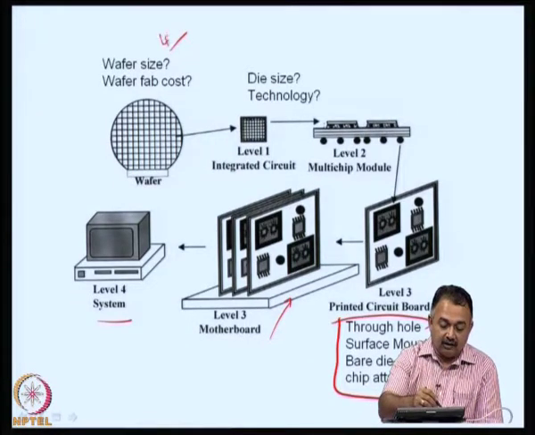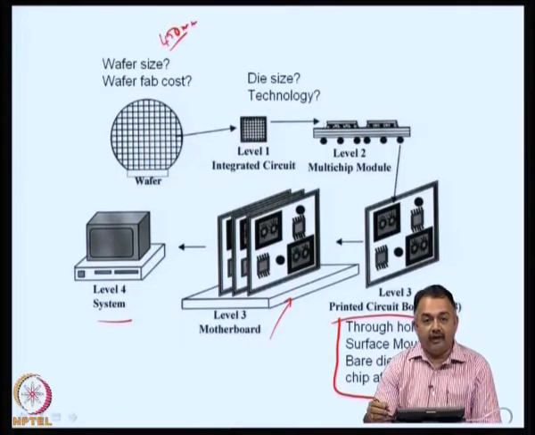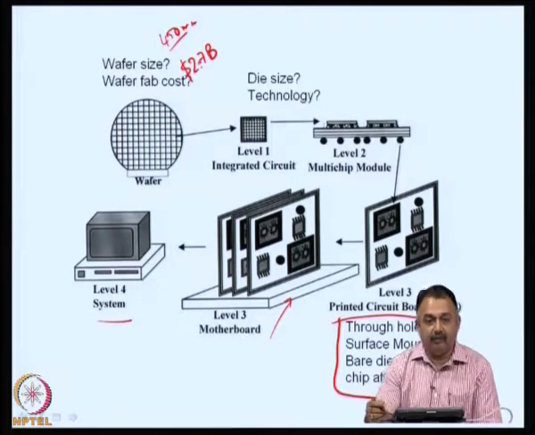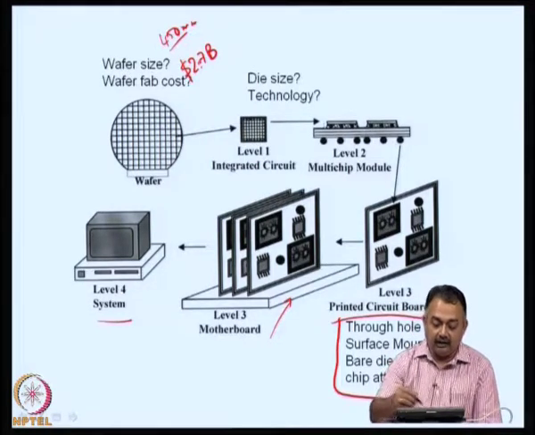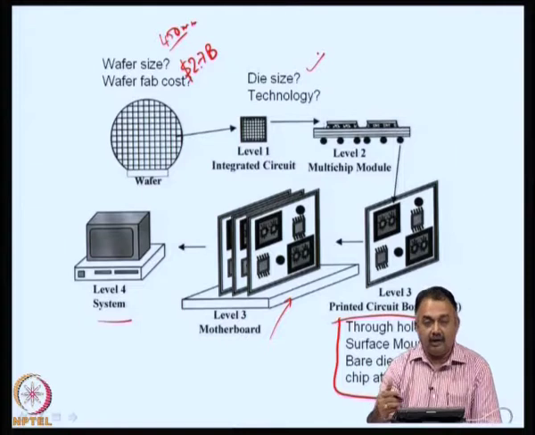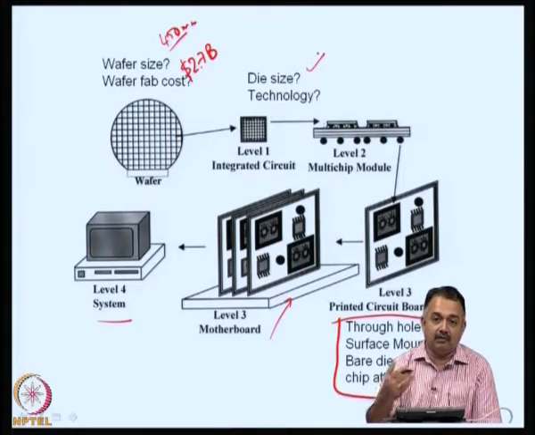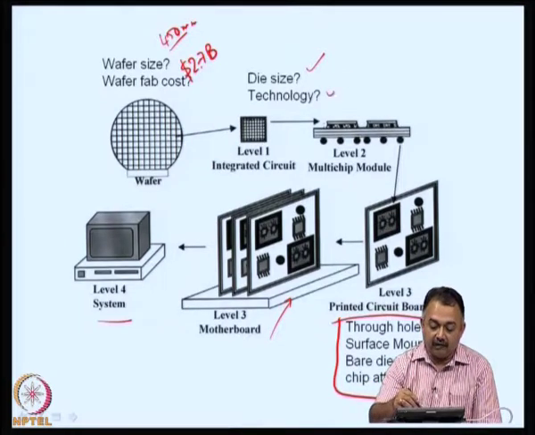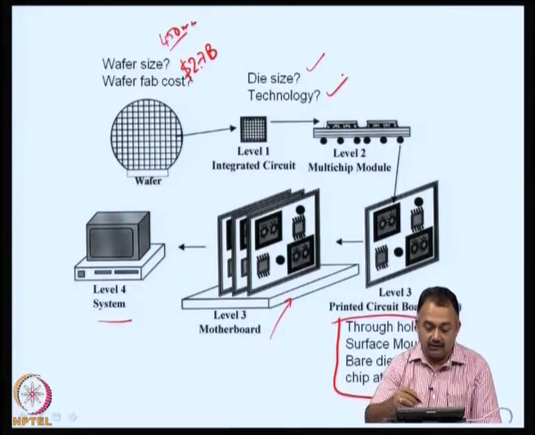As you know, we are in the 450 mm silicon wafer dia. Okay. Wafer fab cost I have indicated in the last class, something like $2.7 billion to set up a wafer fab, and the die size from the wafer depends on what kind of package you want to make and the number of IOs that you want, whether it is going to be 600 IOs or 4000 IOs and so on, and what kind of technology we will use to package this single chip module.